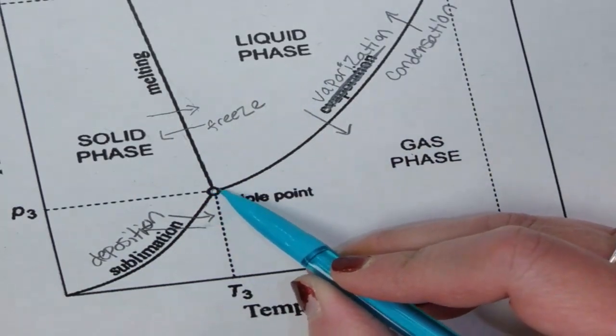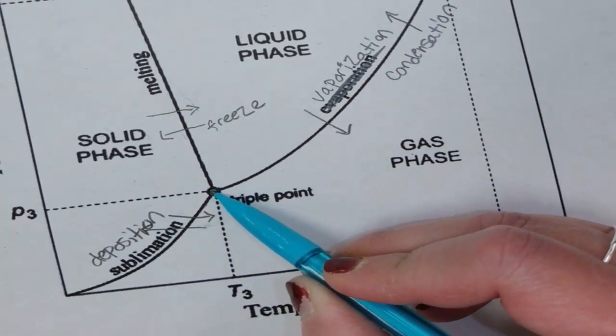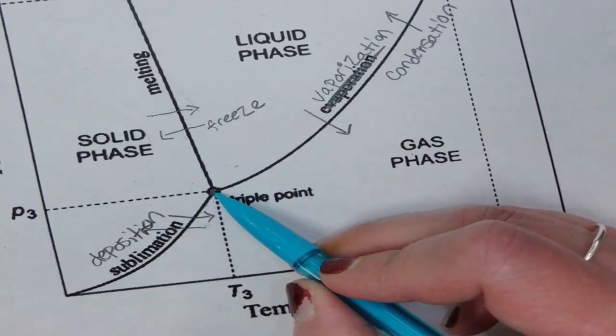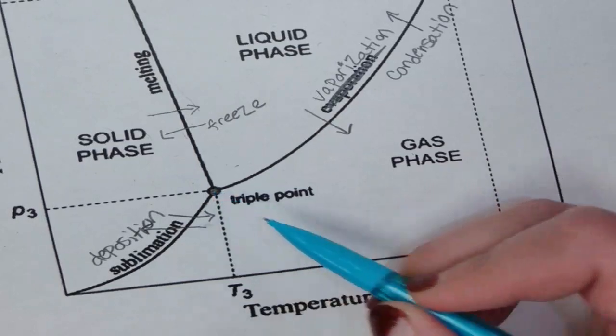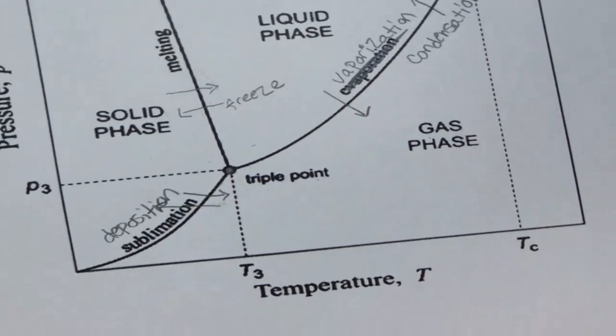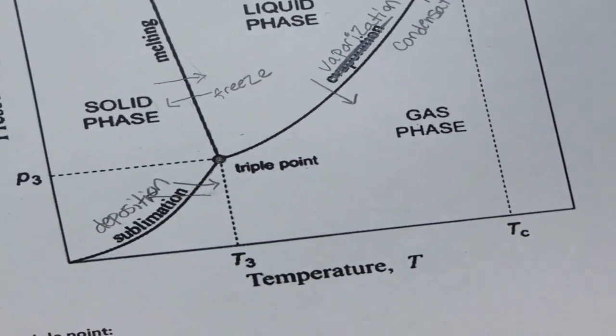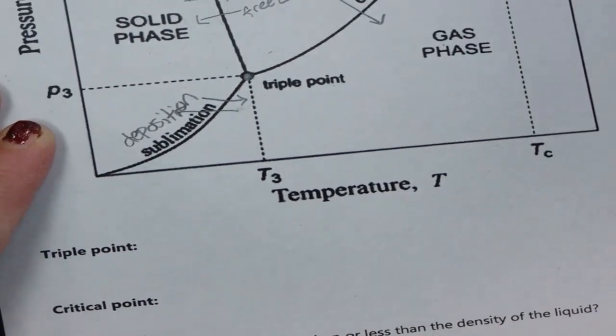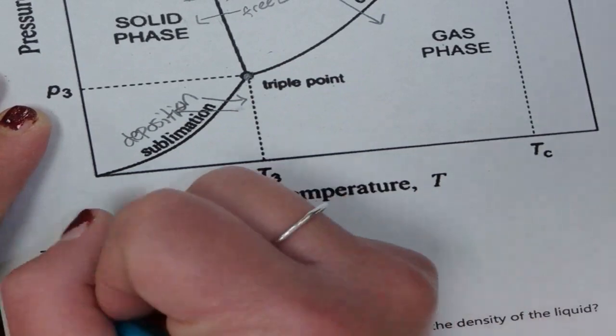All right, at this point right here, where my solid, liquid, and gas all meet, we call this the triple point. This is the point in which all three phases will exist at equilibrium at the same time.